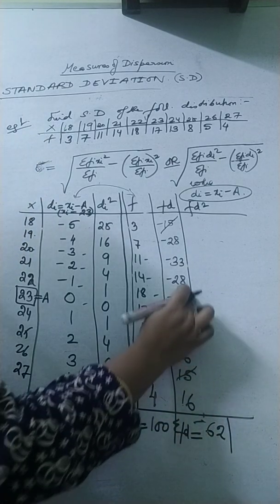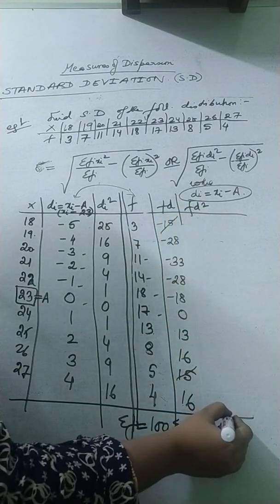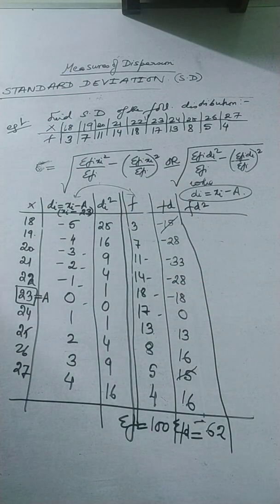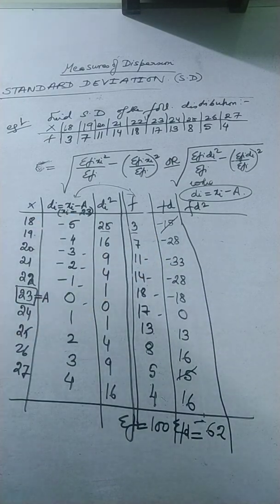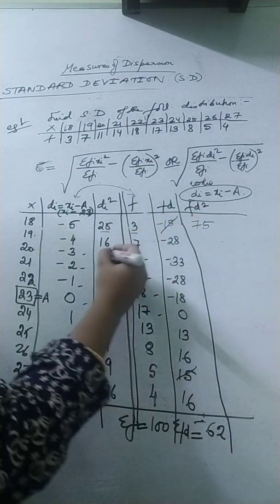Then I need FD square, so that we fill up the column. FD square now means multiplication of this with this. 25 into 3 is your 75.